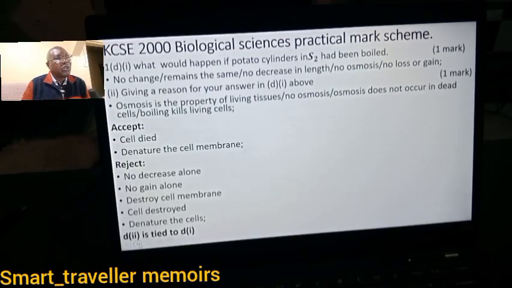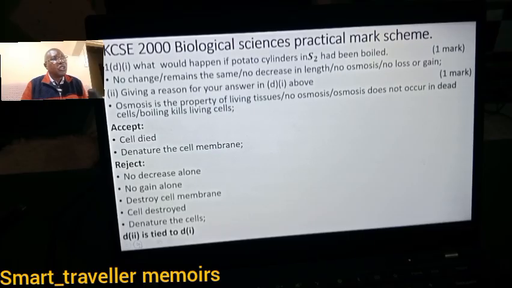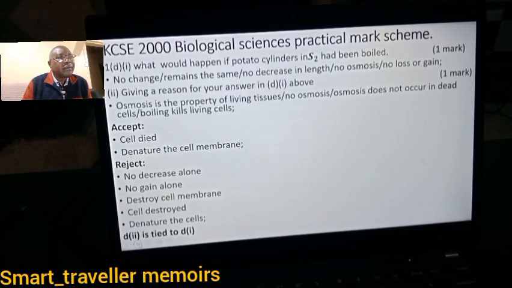And also you can say boiling kills living cells. So you can accept cell died as your reason, or the cell membrane was denatured. All right. Reject non-decrease alone. It is decrease in size. Non-gain alone. It is gain in size.